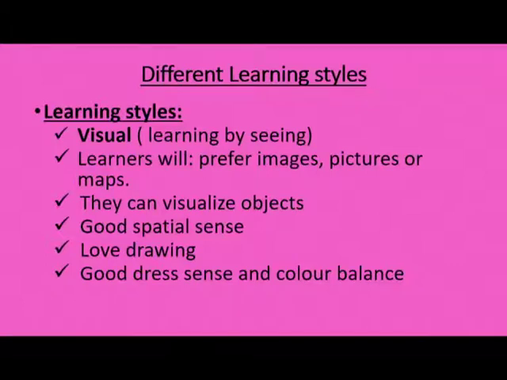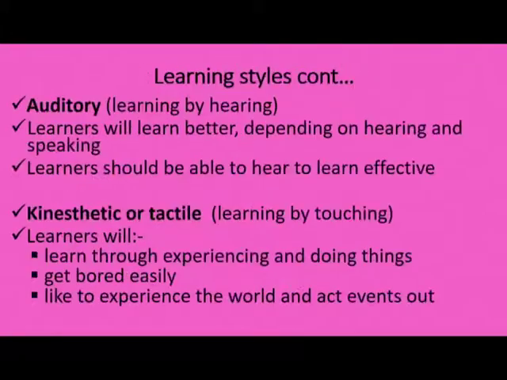They love drawing. Whenever they have time in class, they are the ones that would prefer drawing instead of making a noise. And they are also the learners that have a good sense of dress, how to dress, and color balance. Auditory learners, they are the ones who learn by hearing.